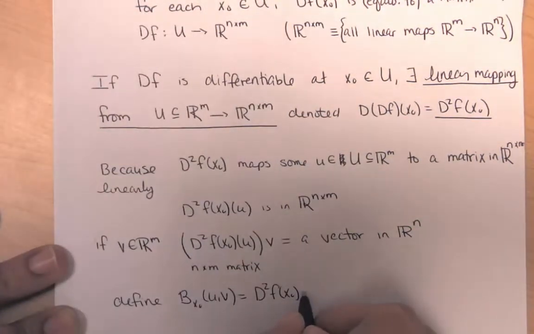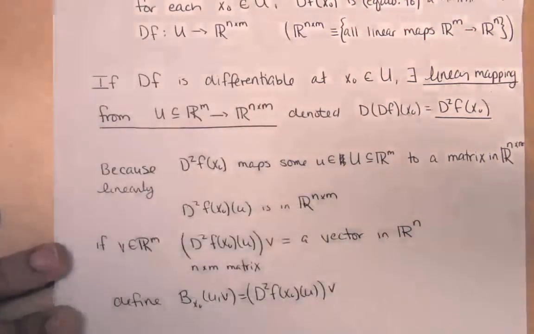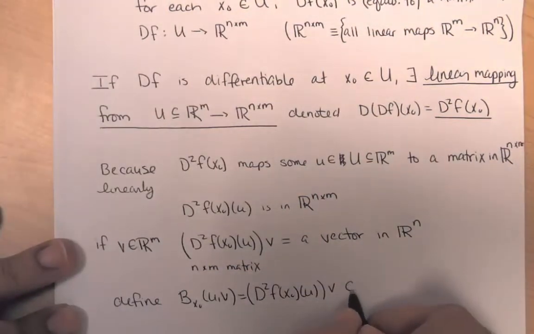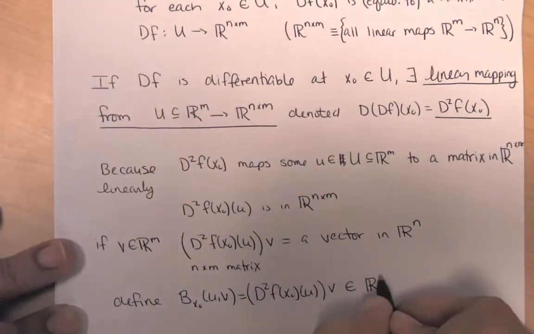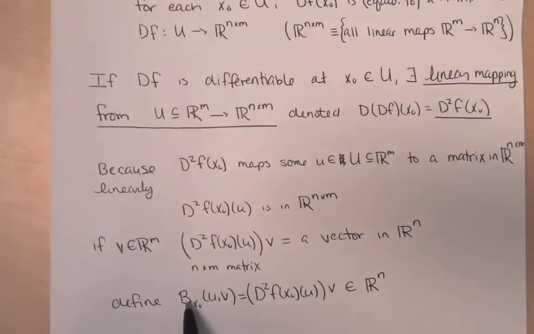And then I'm going to map a vector U to a matrix and then multiply that matrix times V. And as I mentioned, that outcome is a vector in Rn. So this mapping maps two vectors in Rm.